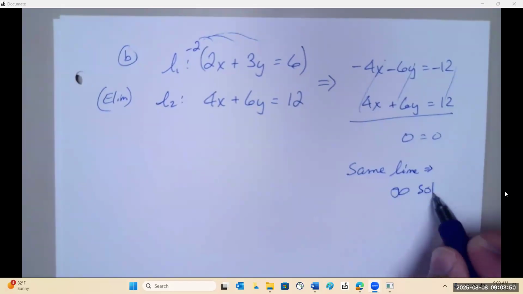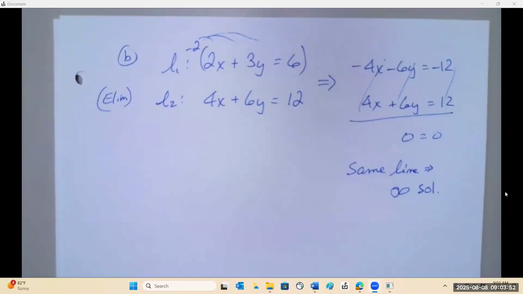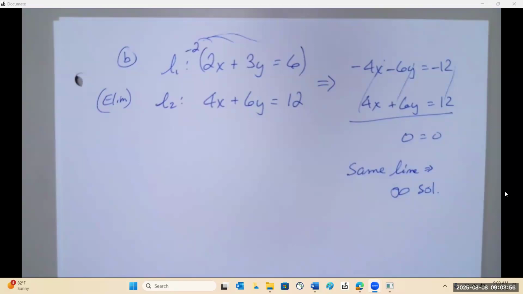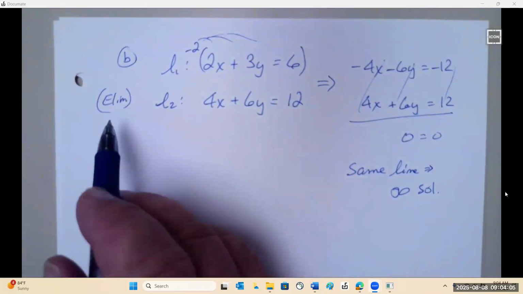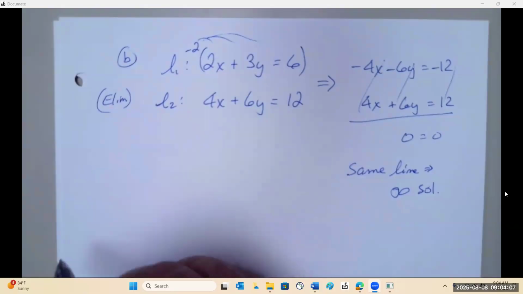Infinite solutions. So they're consistent and dependent. Let's see, this is elimination. What would it look like if we did substitution?